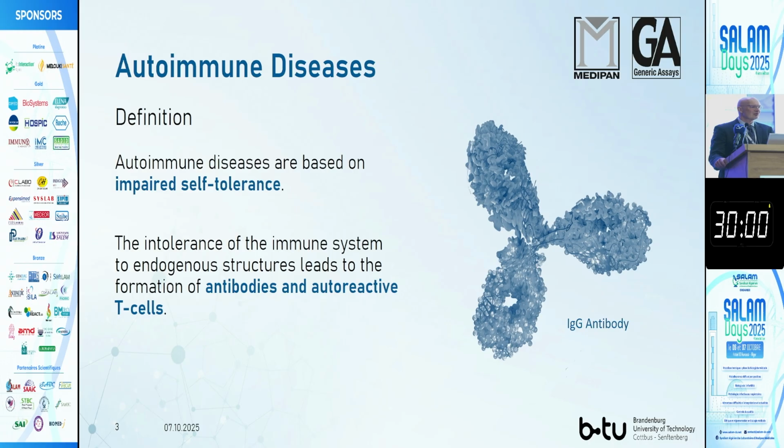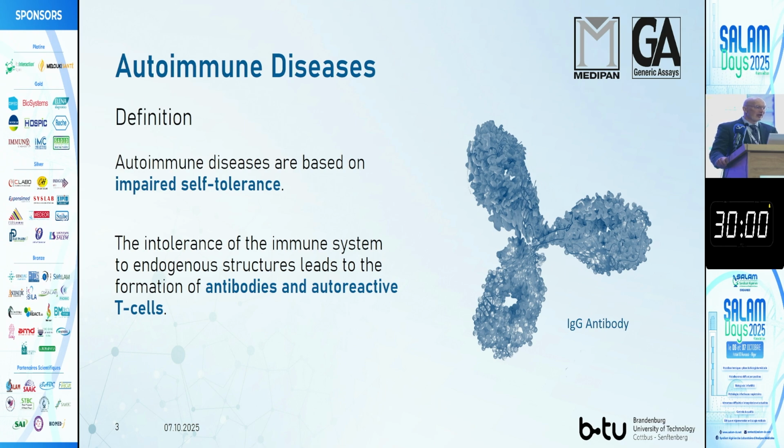I would like to talk today about the serological diagnosis of autoimmune diseases. Well, we all understand the importance of autoimmune diseases, and we know that a disturbance of the equilibrium in the immune system can lead to an attack of immune effector mechanisms to our own body.